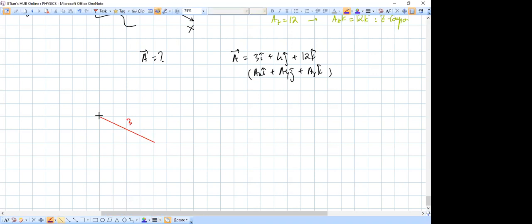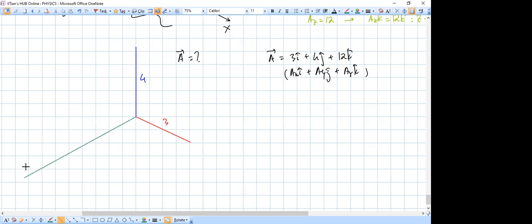This side is 4 units. This will probably look a bit longer. And this side is quite a bit longer, like this, let's say. Twelve units.